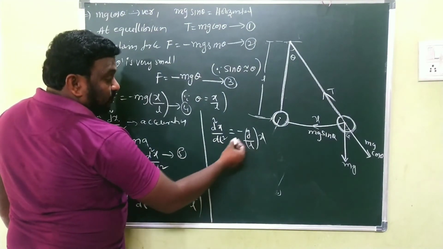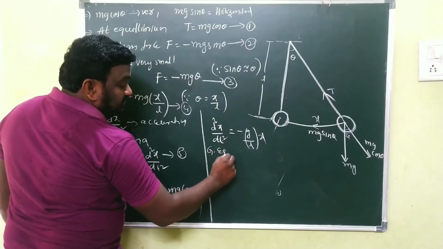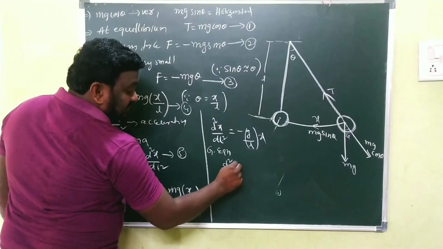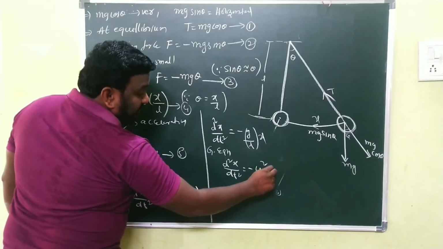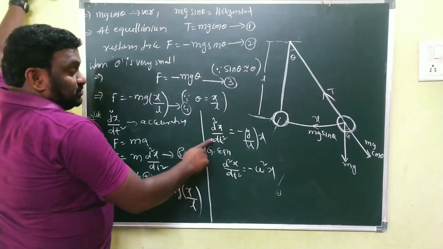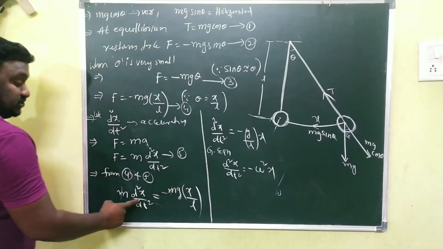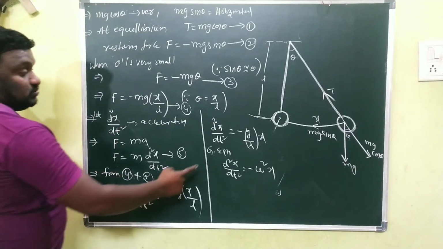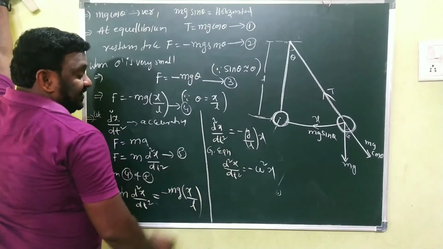So children, now we have to compare this equation with the general equation. What is the general equation? d square x by dt square is equal to minus omega square into x. By equating these two, we get this one: d square x by dt square is equal to minus g by L into x.